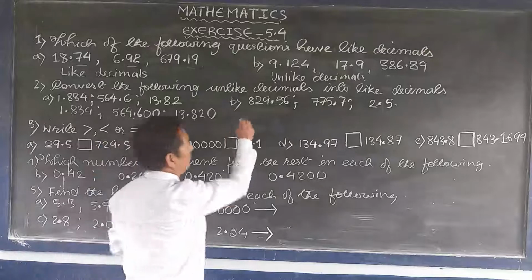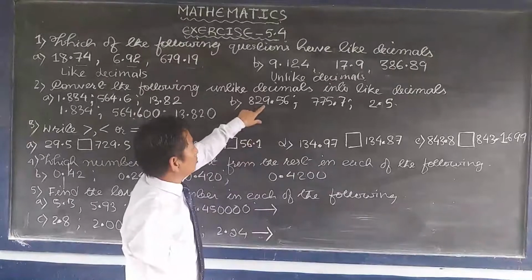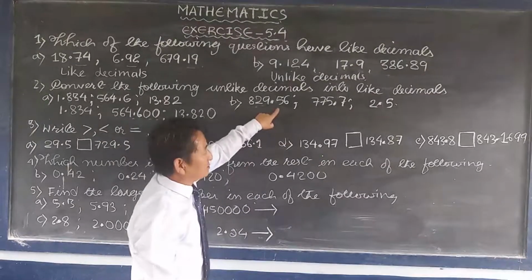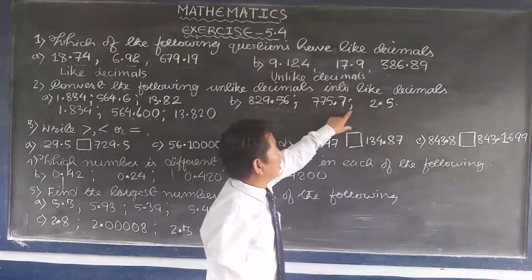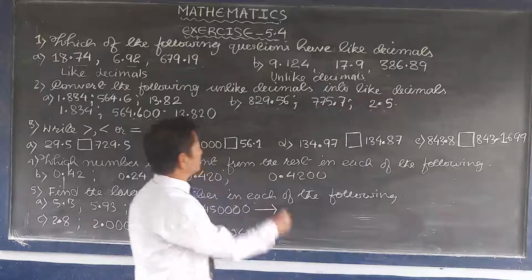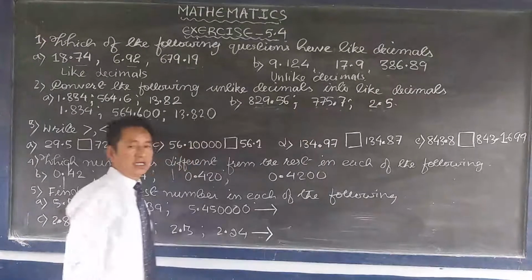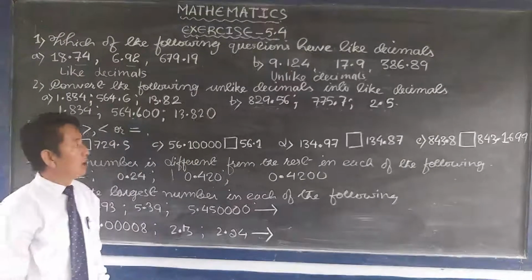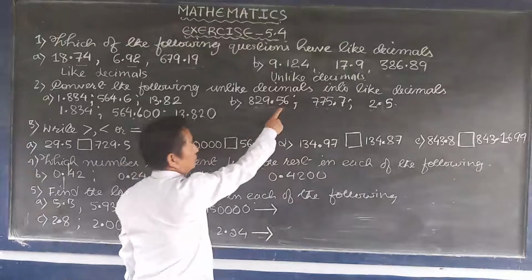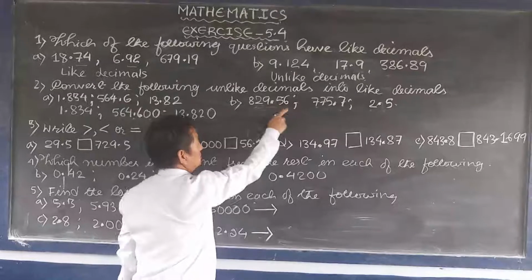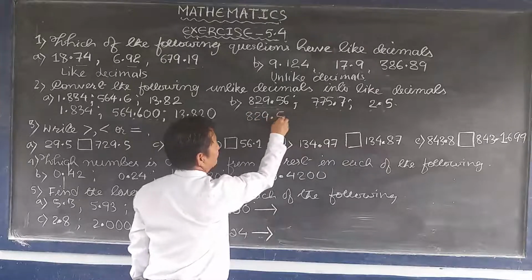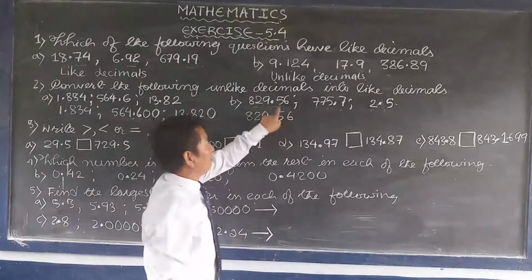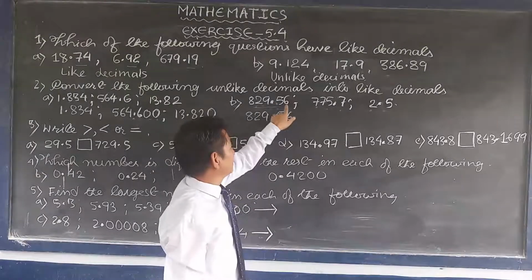Now similarly B here: 829.56, 775.7, 2.5. The number 829.56 has the greatest number of decimal places, 2 places, or 2 digits after the decimal point. In 829.56, in the tenths place 5, in the hundredths place 6.